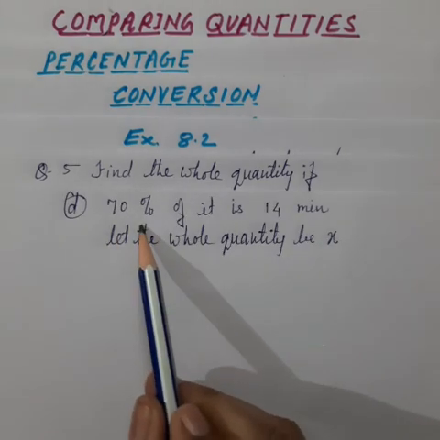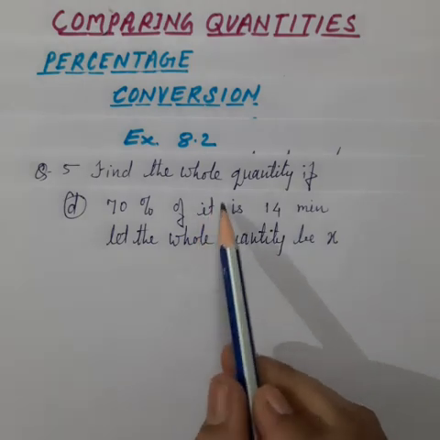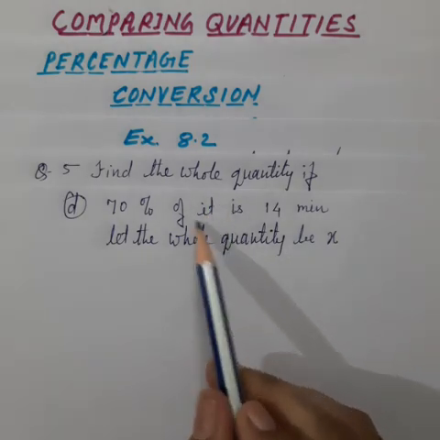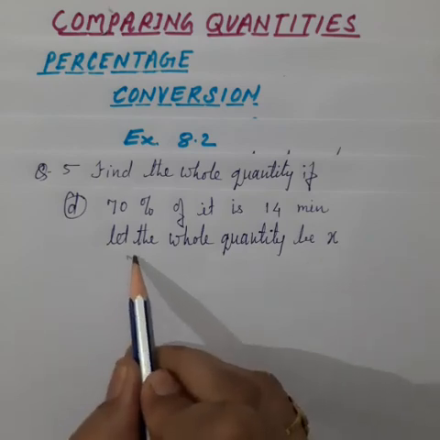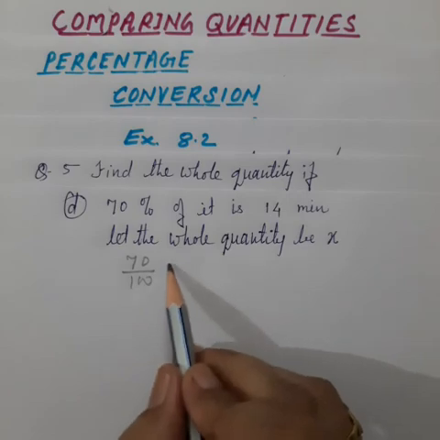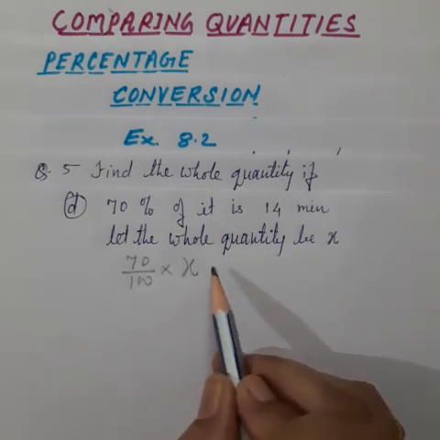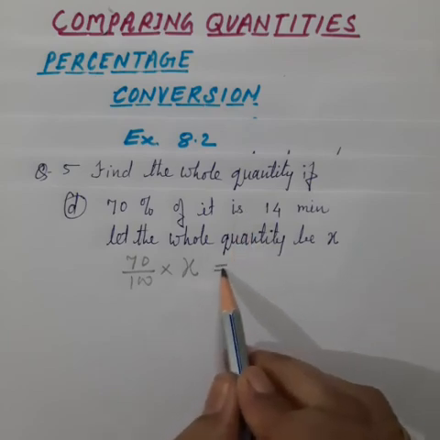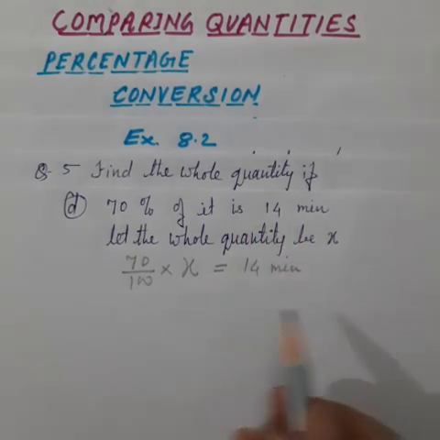D. 70% of it is 14 minutes. Again this 'it', the whole quantity, unknown quantity, we have to find out. Let the whole quantity be x. So 70 for percent divided by 100 of means into, it is the whole quantity, unknown quantity, is means equal to 14 minutes. We have to solve this equation.